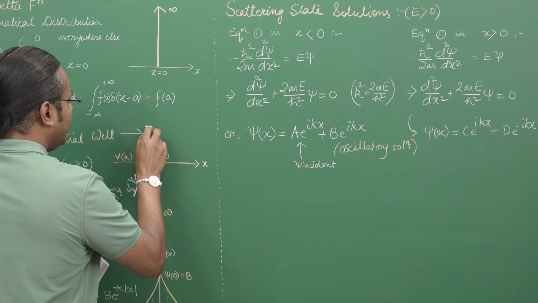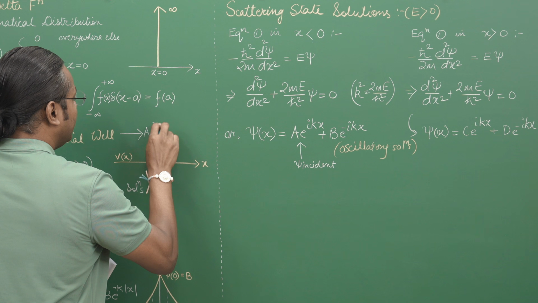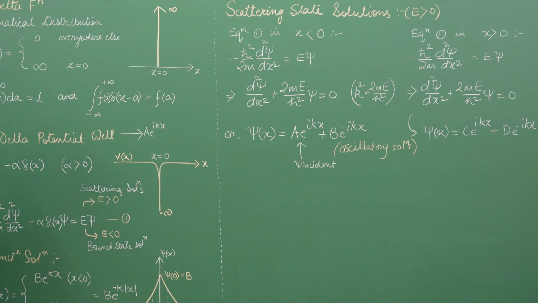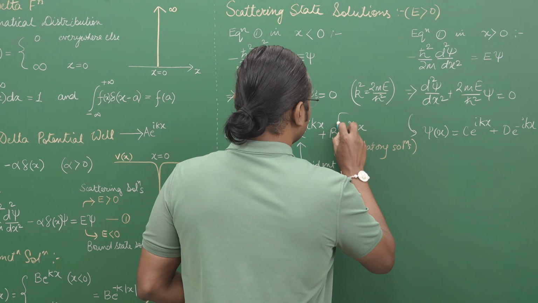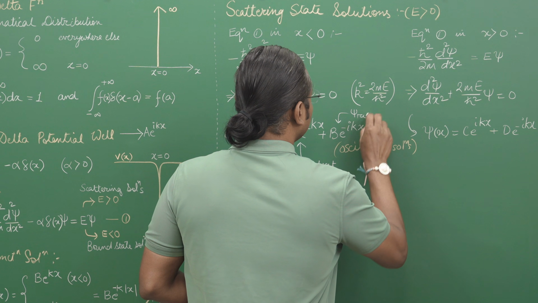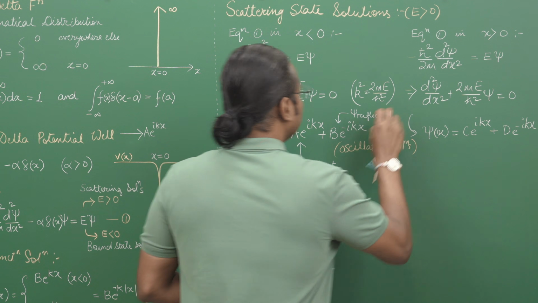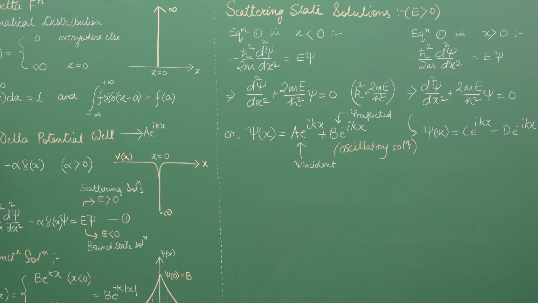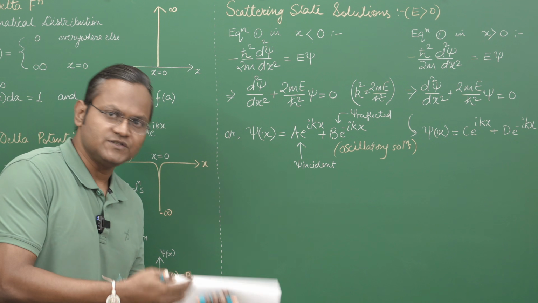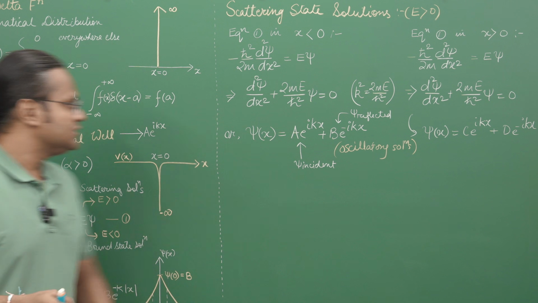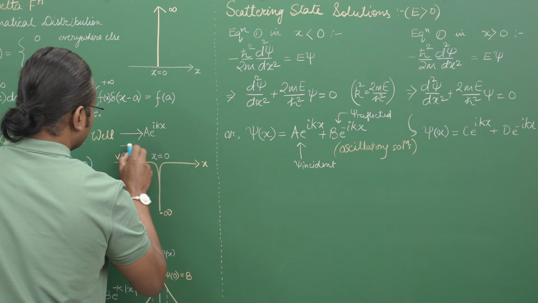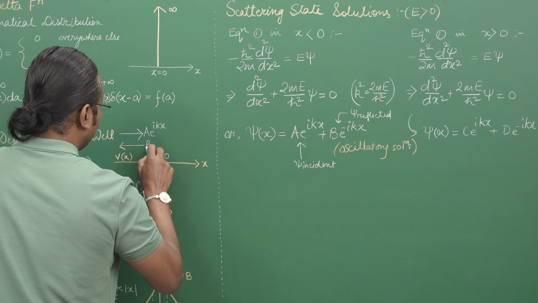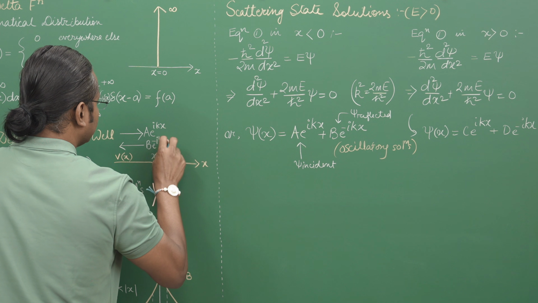And this is nothing but A e to the power iota kx, because if you look at this expression, this is a forward moving plane wave solution, and B e to the power minus iota kx, this is nothing but the reflected plane wave. So once the particle is approaching from the left, it will interact with the potential, and it is also possible that the particle can get reflected back. So that solution is also possible. So this is the plane wave corresponding to the reflected wave, B e to the power minus iota kx.